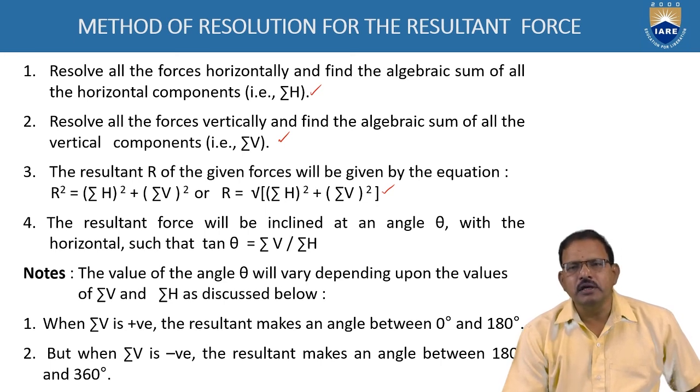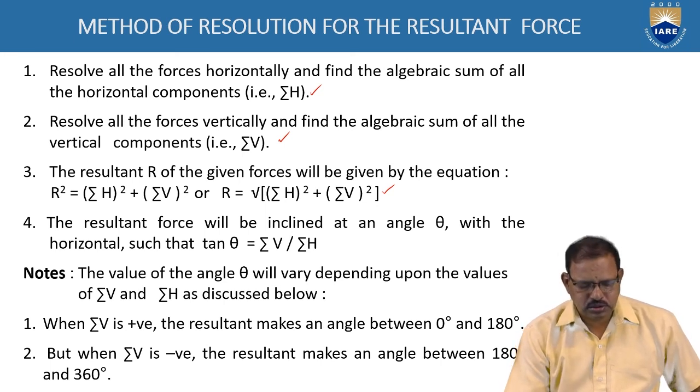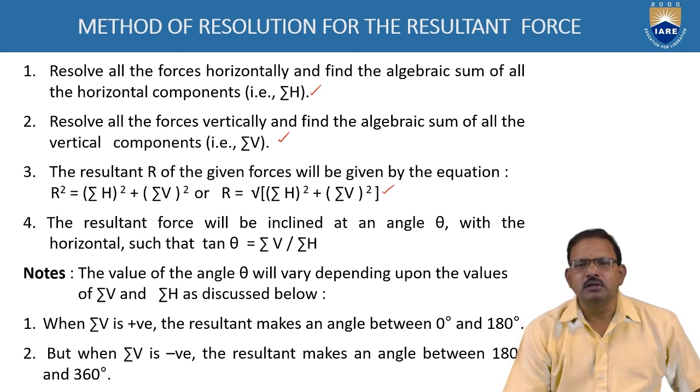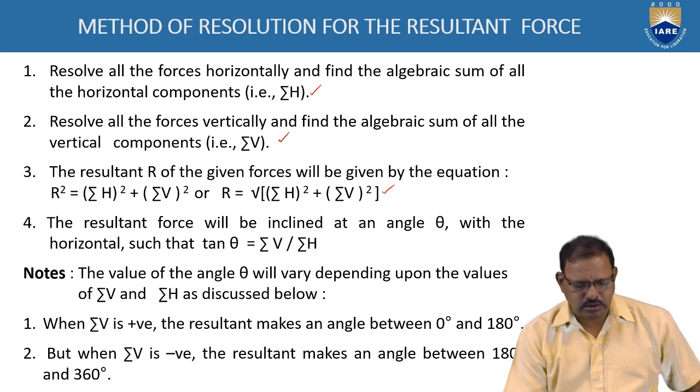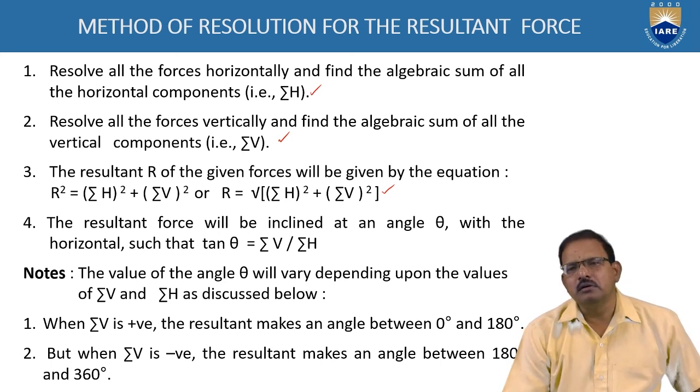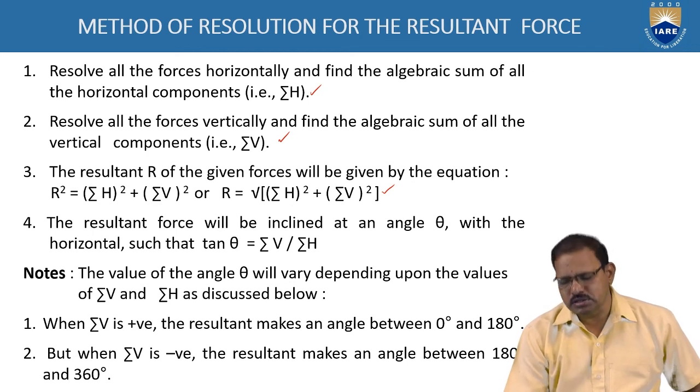When sigma V is positive, the resultant makes an angle between 0 and 180 degrees, because the y coordinate is positive in both the first quadrant and the second quadrant. When sigma V is negative, the resultant makes an angle between 180 and 360 degrees.